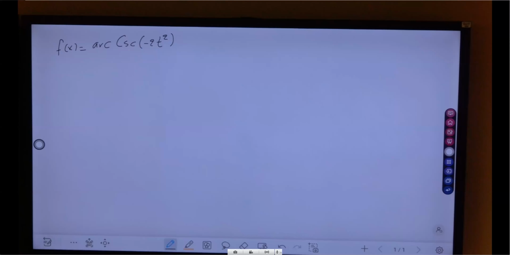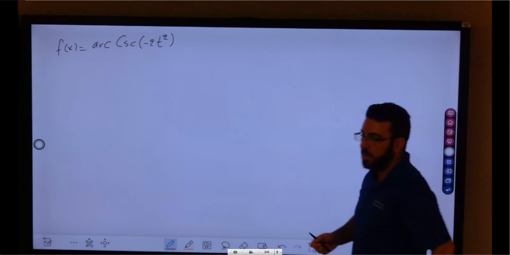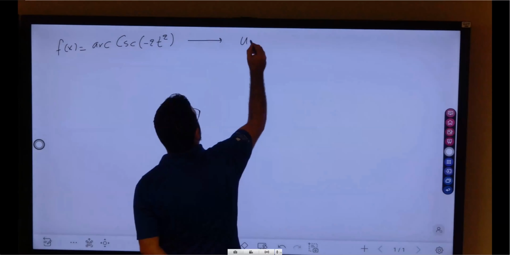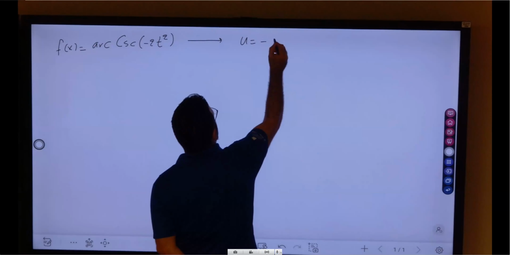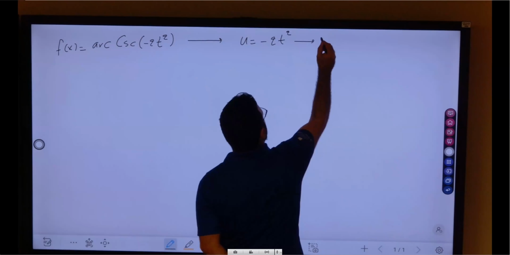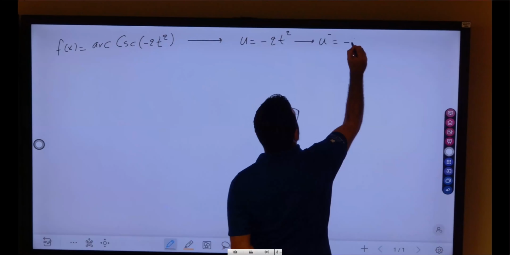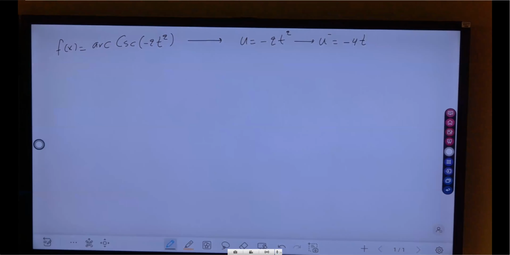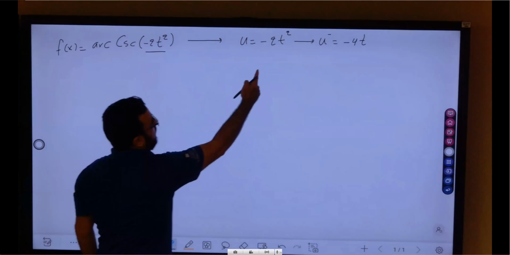Can we do the same thing? The first thing, before I start: here's the angle, u equals negative 2t squared. That means u prime equals negative 4t, because everything has to work with the angle. So here's the u, and here's the derivative.